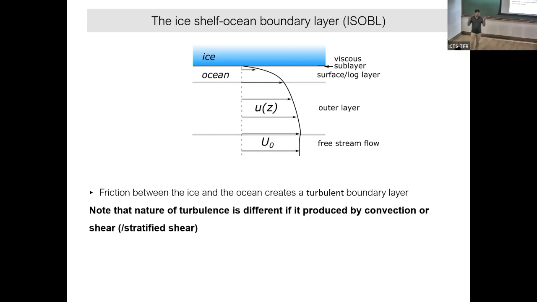How many people know laminar flow? Good. Now, in laminar flow we have an analytical solution. What is the analytical solution for laminar flow? What does it look like? Which function do we usually use for laminar flow?